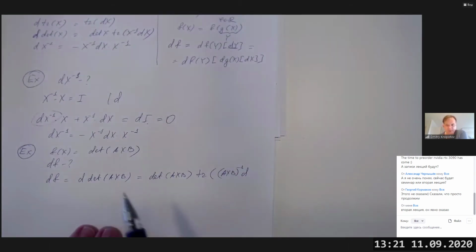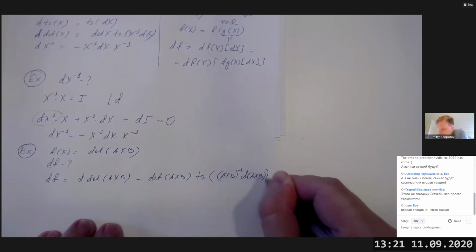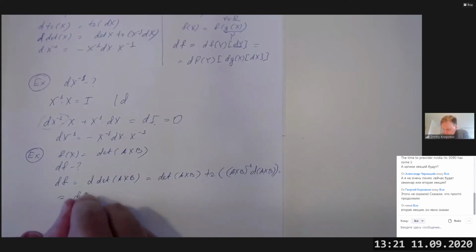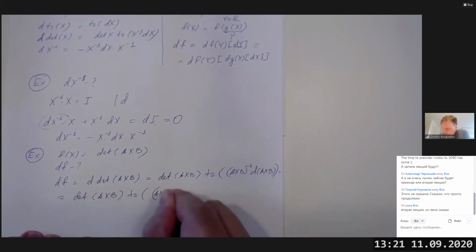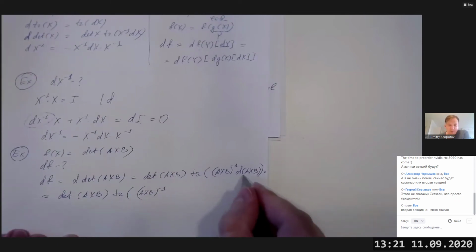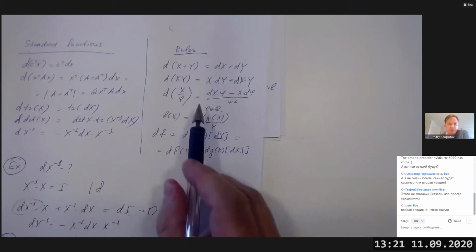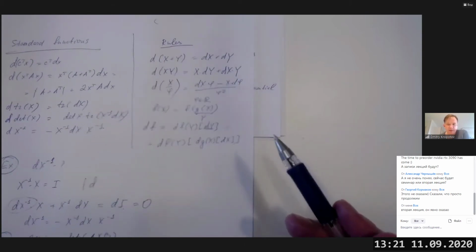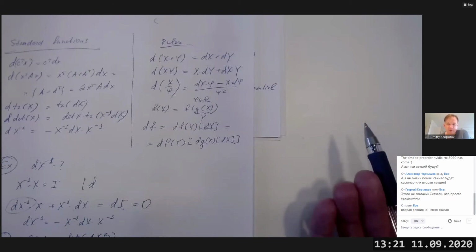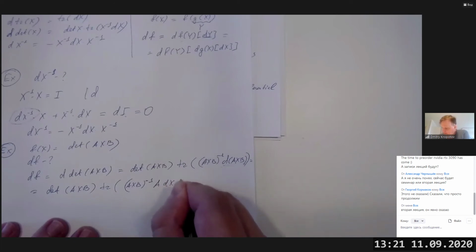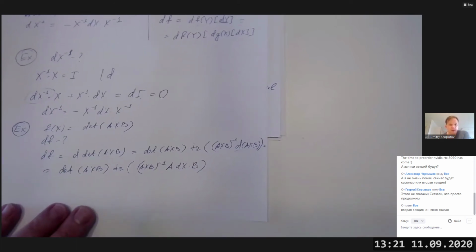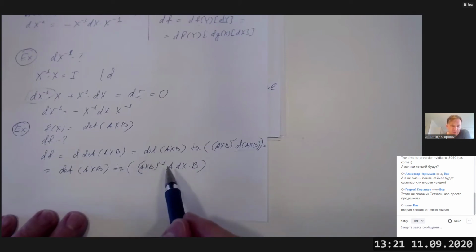But now the argument is this product AxB, and finally the differential of a product here, again using these rules and considering that A and B are just constants, so the differentials of A and B are zeros, we get that this is A times dx times B. And finally, for simplicity, under the trace, if we have a trace of a product of something, we are allowed to do a cyclic shift.